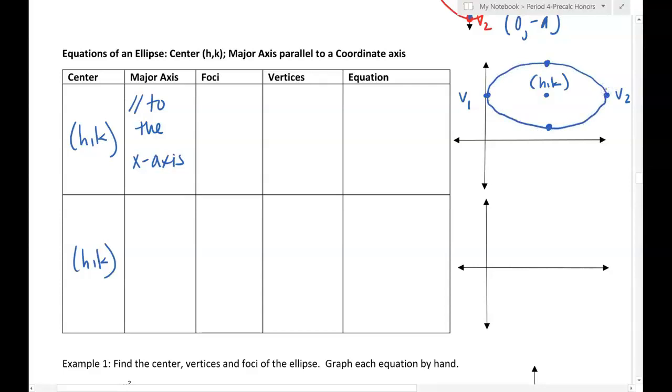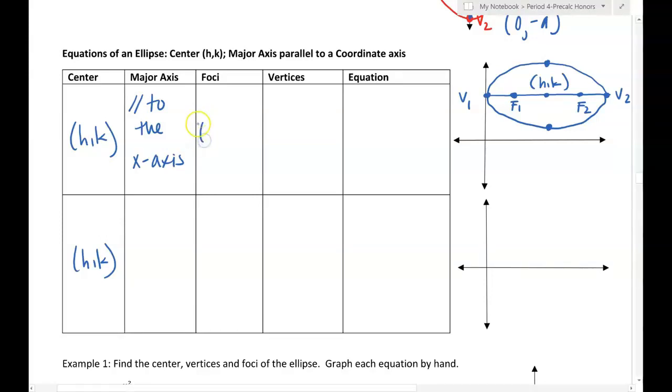So normally when I talk about ellipses, I call this horizontal. So that means this is your major axis. So focus 1, focus 2, let's just fill that in. Okay. Now when you look at the foci, as you can see, it's moving along the horizontal, so only the x values will change.